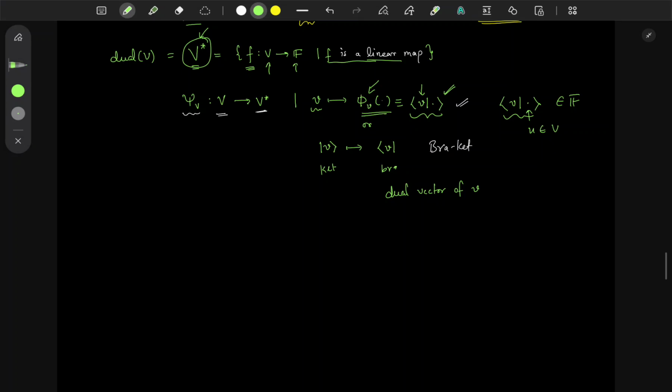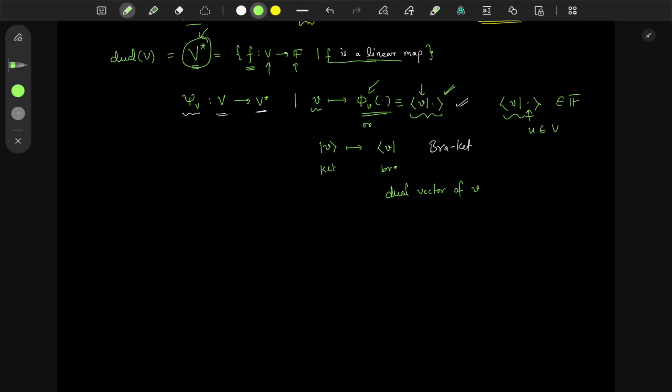Now that we have the correspondence between V and V star, these two vector spaces, although they are different, one being a set of vectors and the other a set of functions, are essentially the same in the sense that they have the same vector space structure. For every V there is a corresponding dual of V, and it has the same properties like linearity and so on.